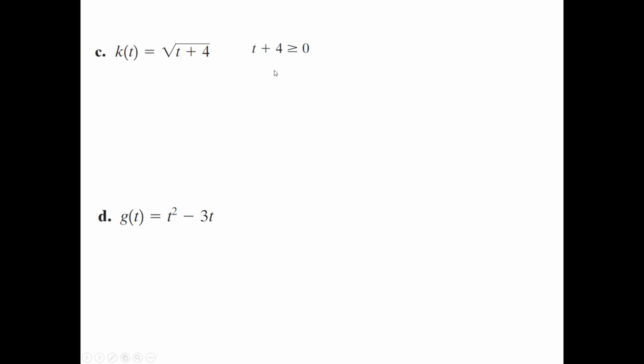This is a very simple linear inequality, and to solve it, just subtract 4 from both sides. So t has to be larger than or equal to negative 4. That set is the domain of the function. We would express that using interval notation as the set from negative 4 to infinity.